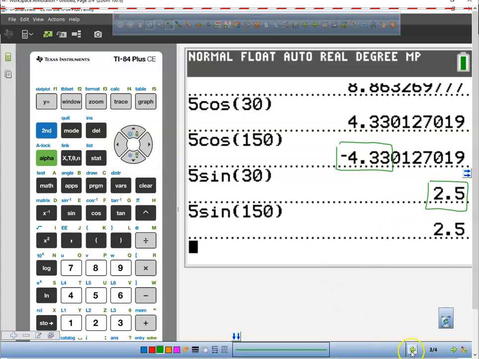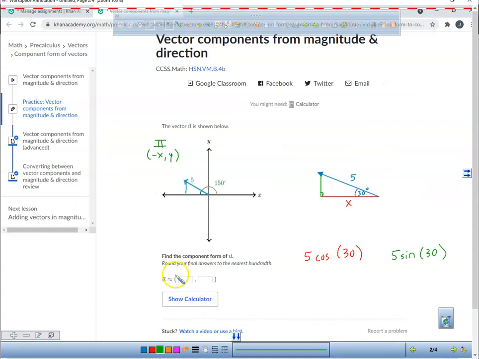And that's what I'm going to put for my answer right over here. I'm going to put negative 4.33 and 2.5. Because even though this became this, I have to make it a negative because it's my x component. My y component was just 2.5. And those are going to be my components. Okay? So that's done. Negative 4.33 and 2.5.